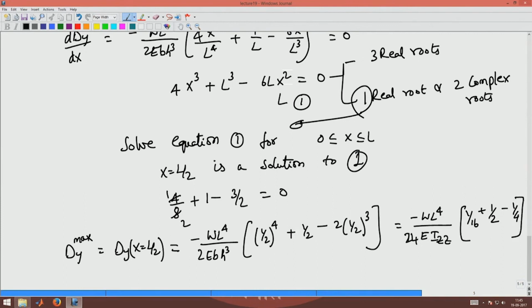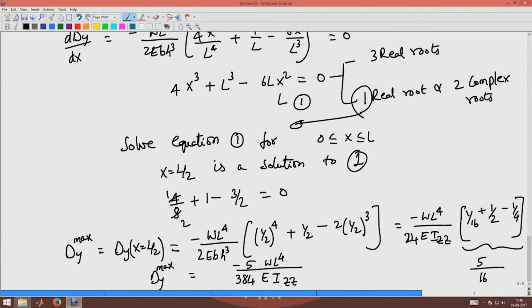So, this will be nothing but 5 by 384 w L power 4 by E Izz, with a minus sign. This factor, if we take LCM as 16, will be 4 plus 8 minus 1 is 5 by 16. So, delta y max is this.